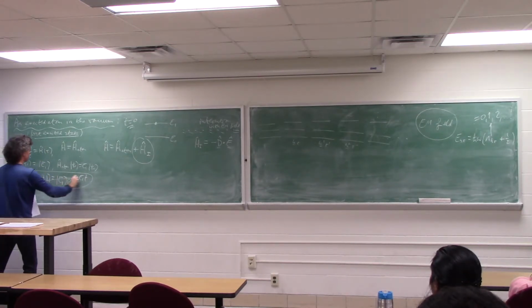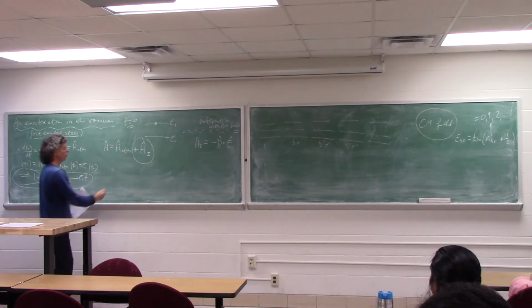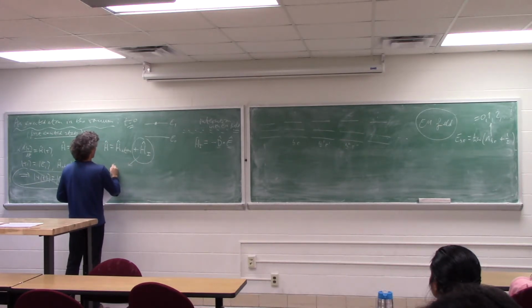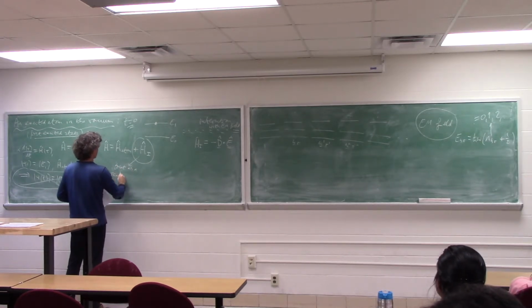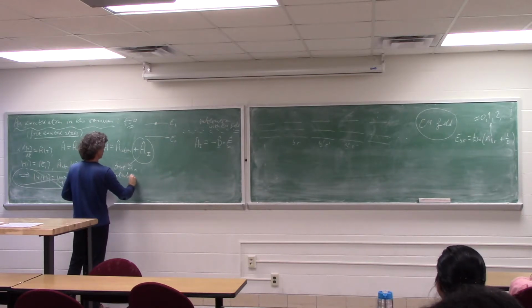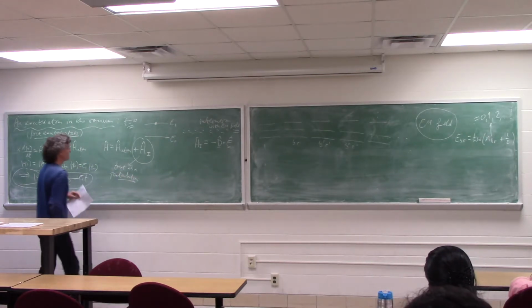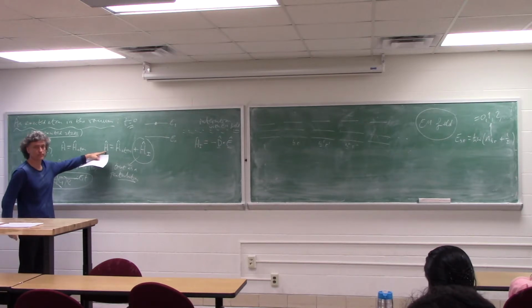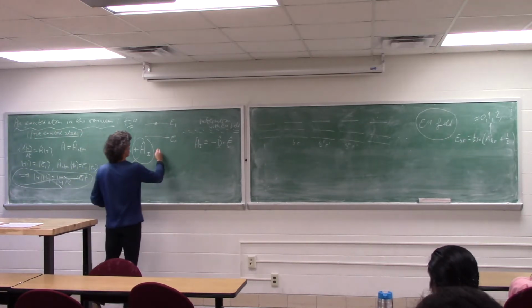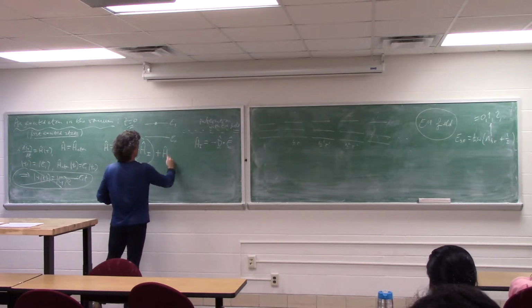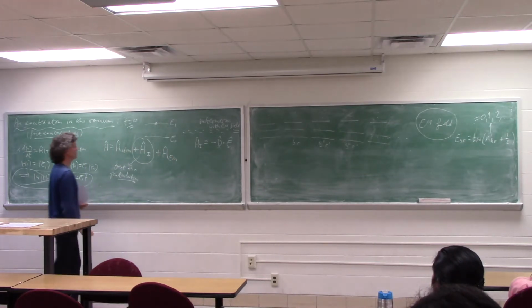What we're going to do later on is treat it as a perturbation. In fact, the total Hamiltonian is the Hamiltonian of the atom plus the perturbation plus, of course, the Hamiltonian of the electromagnetic field.